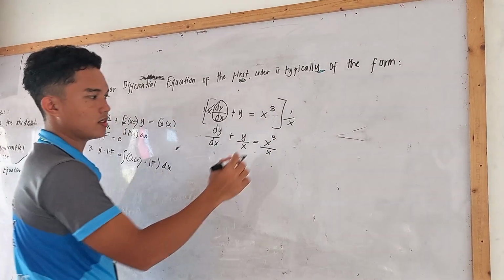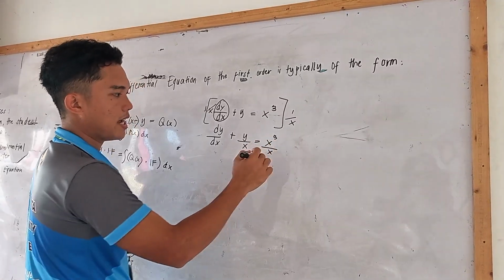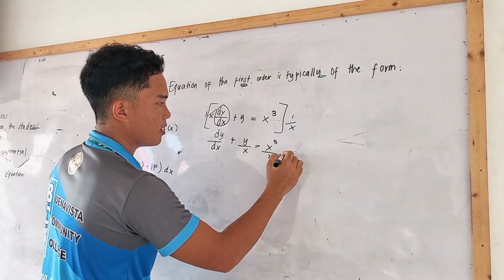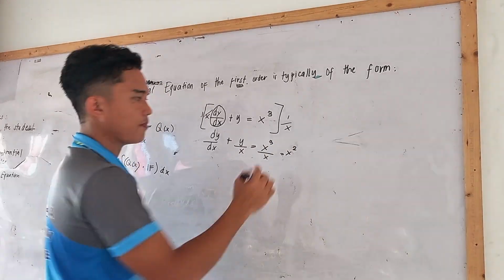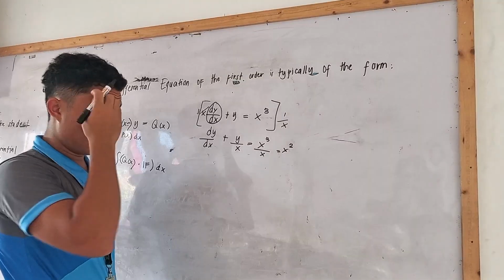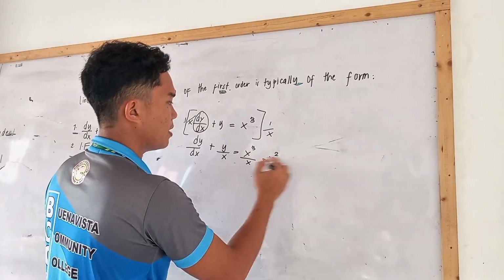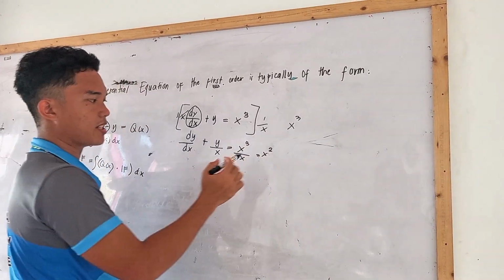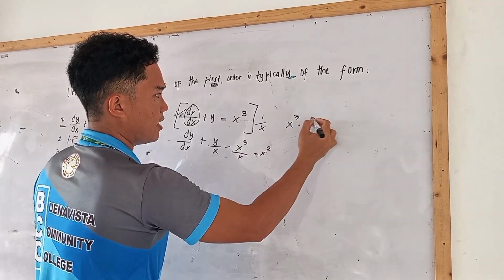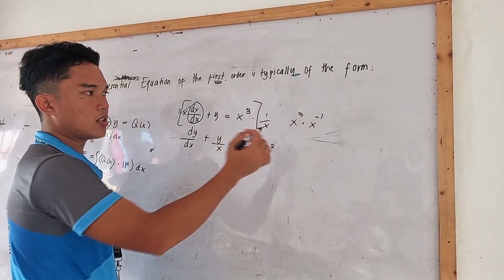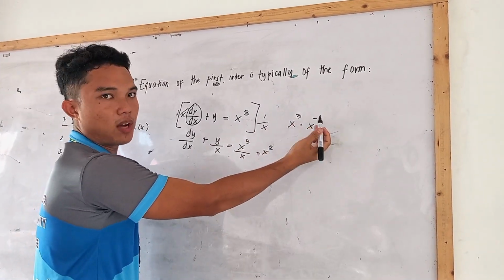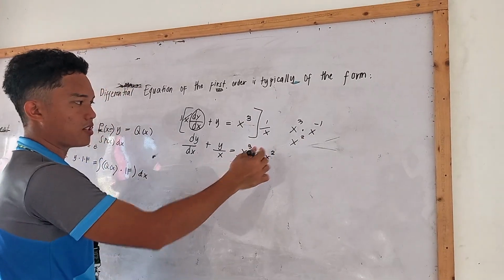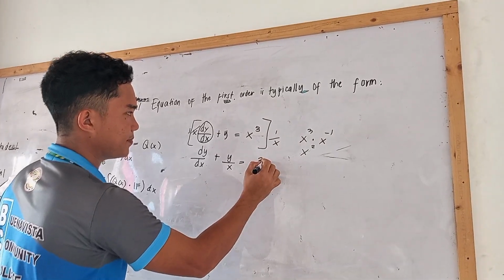So x cubed over x will be the same as x squared, because we apply the rule of division of exponents: subtract the exponent, 3 minus 1. So this will become x squared. So now we have the answer, x squared.